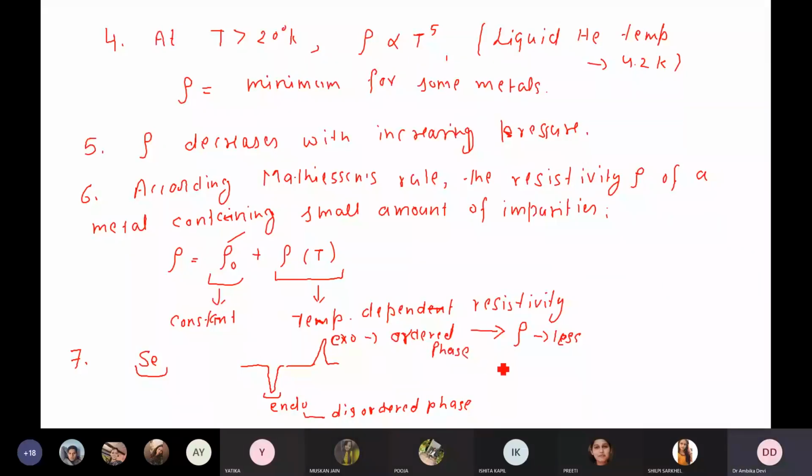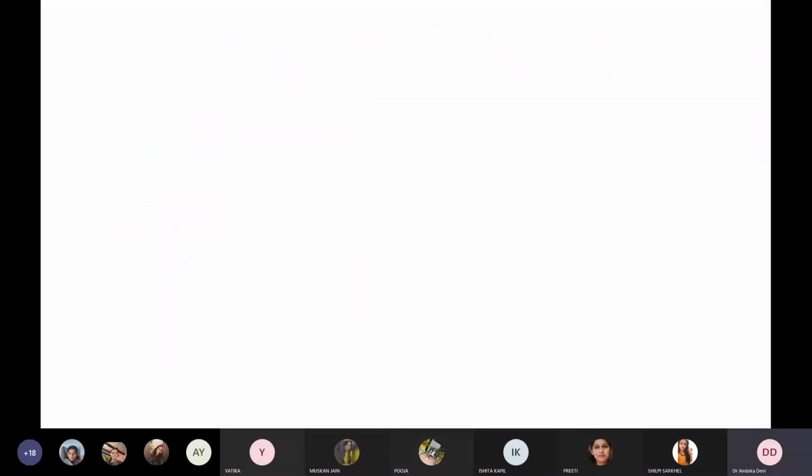I hope you understand the meaning of ordered phase and disordered phase. Ordered phase means all the atoms are systematically arranged in the bulk of the material. Disordered phase means all the atoms are randomly distributed. So this is the seventh point.